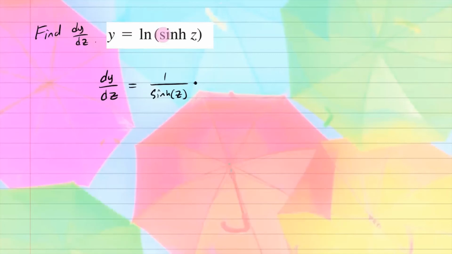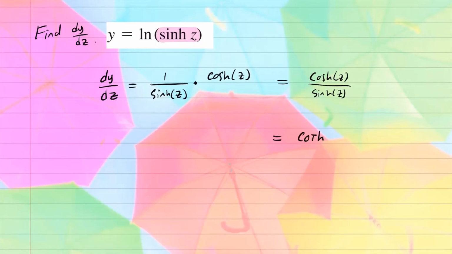So the inside is sinh, and we know the derivative of sinh is cosh of z. And you can write this as cosh of z over sinh of z. And we know cosh over sinh, that's cotangent. So this would be equal to cotangent hyperbolic of z. So that is your derivative dy/dz for this particular problem.